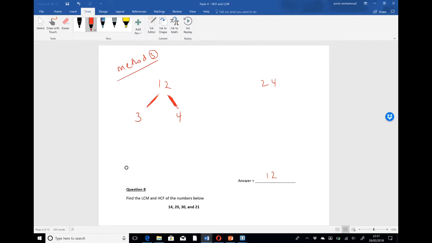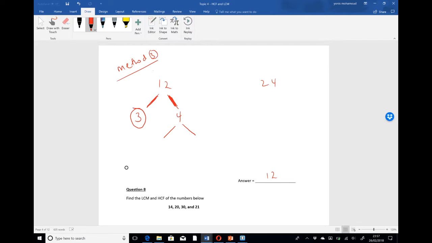So let's have a look at number 3. Is 3 a prime number? Yes. So I'm going to circle it, and there's nothing further I can do to number 3. Then I'm going to have a look at number 4. Is 4 a prime number? Nope. So I'm going to draw those two sticks again.